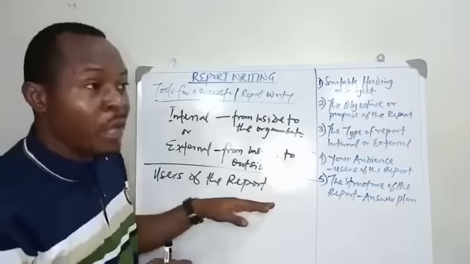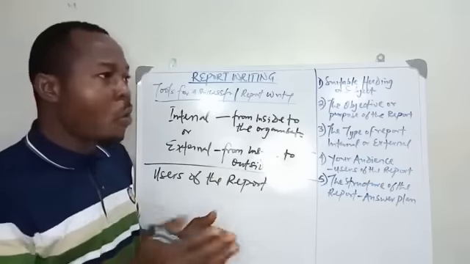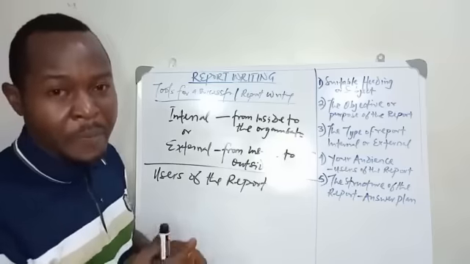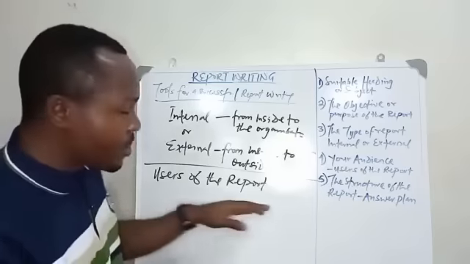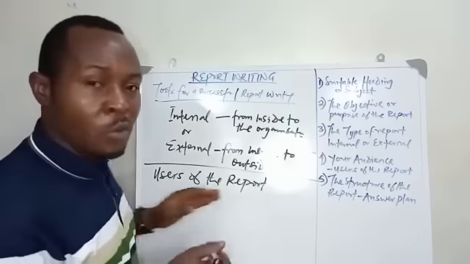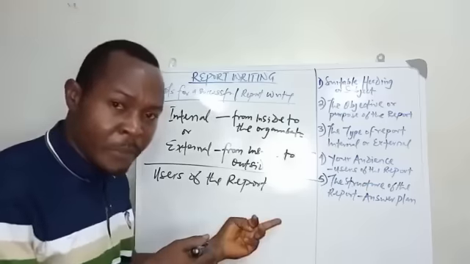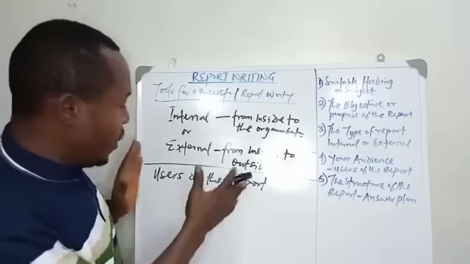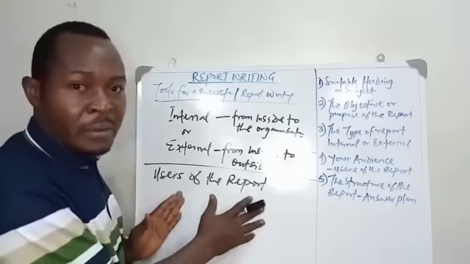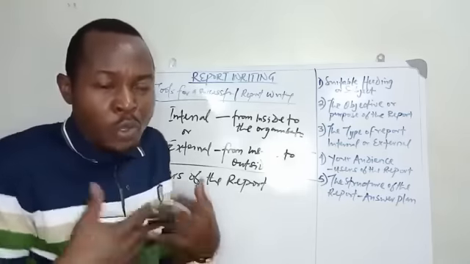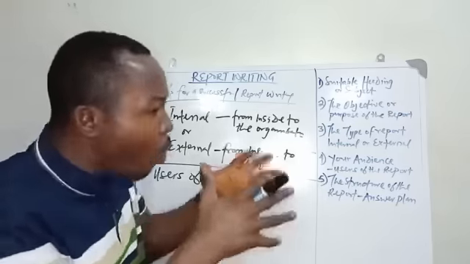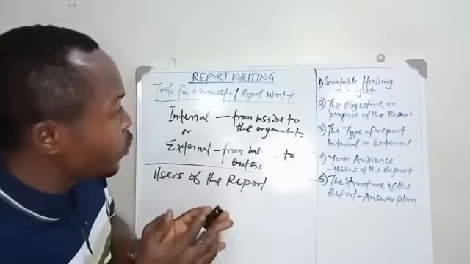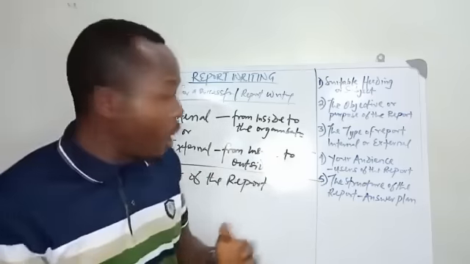For information's sake, who are the users of financial statements? We'll talk about creditors, the financial institutions, and government, who is looking at the tax portion of your report, etc. So whoever the users are should help you to know how to form your report, how to write well. Okay, I hope that makes sense.